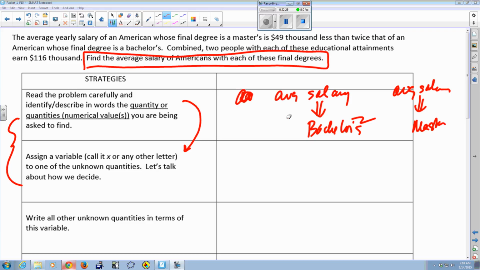Let me first start by saying it doesn't matter. You have total freedom. However, one of them, based on the wording in that first sentence, is going to be a little easier to call X than the other. So how do you make that decision? How do you make that decision? Yeah, Haley?